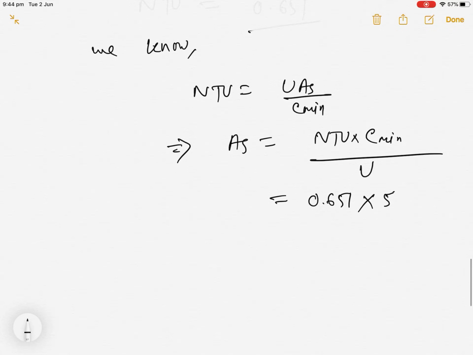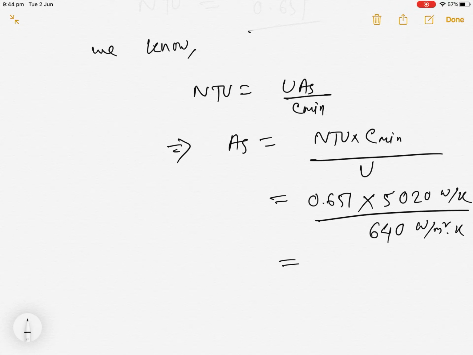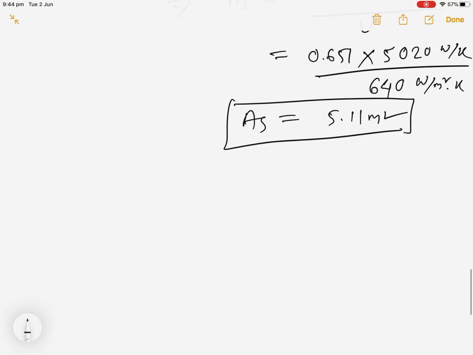It is 5.02 kilowatt per Kelvin. Okay, so we can write it as 5020 watt per Kelvin. And the heat transfer coefficient is 640 watt per meter square Kelvin. So the surface area will be 5.1 meter square. So this is the heat transfer surface area.